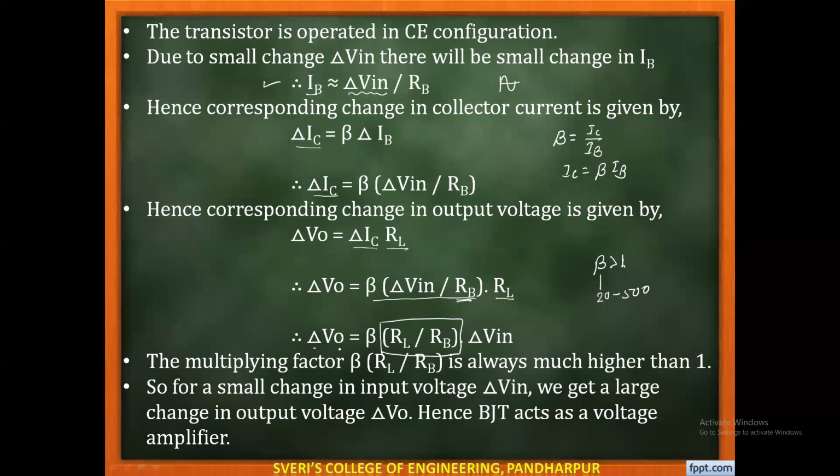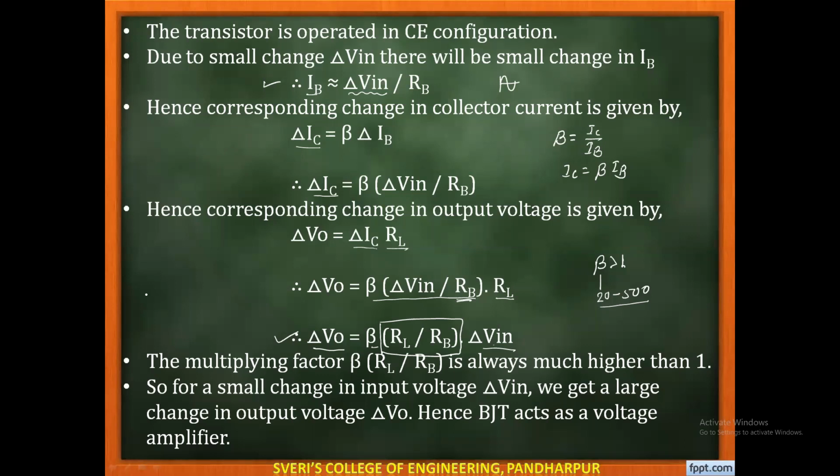But the output voltage is beta times the change in input voltage. So definitely the multiplication factor is beta, and this beta is far greater than 1. That's why a very small change in input voltage gives a large change in output voltage, and this is nothing but the voltage amplification.